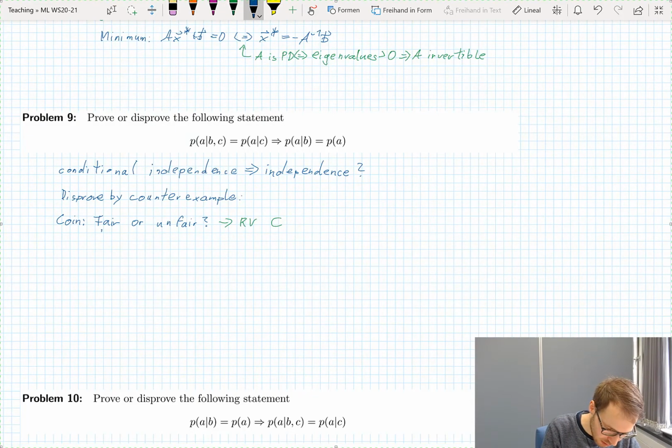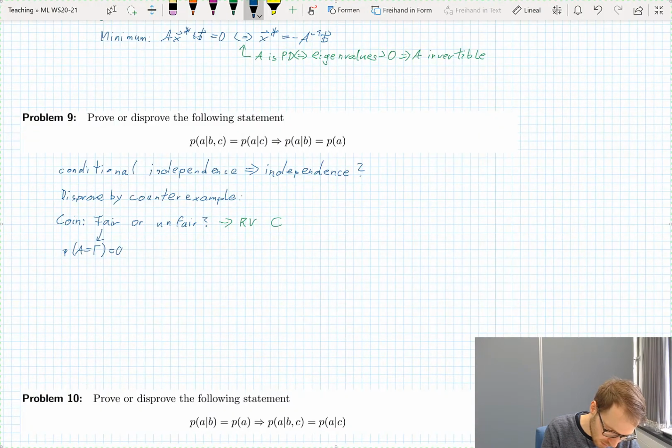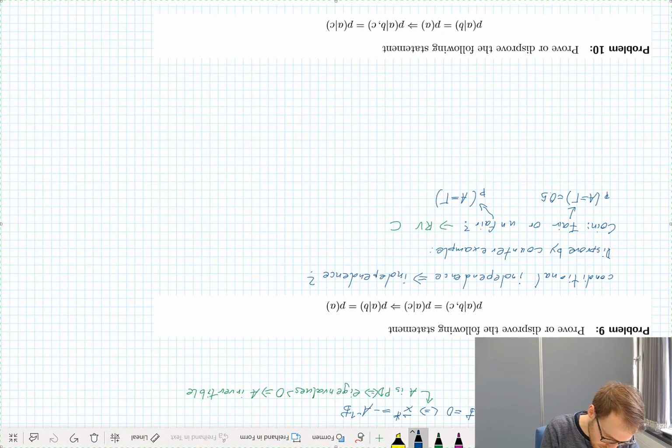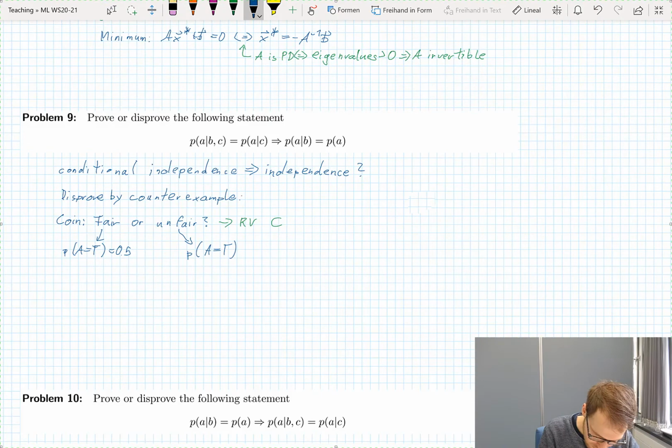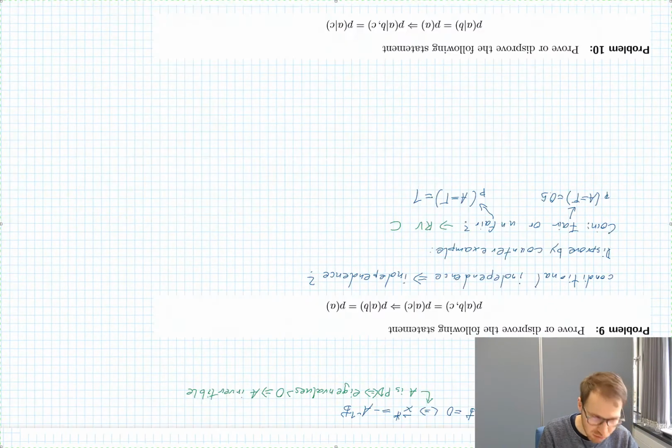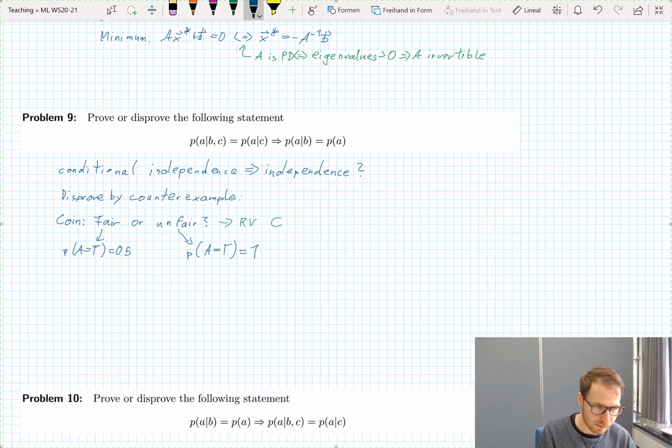Well, a fair coin basically means that the probability of a coin flip being tails equals 0.5. And an unfair coin means that the probability of a coin flip equals tails is, let's go to the extreme, let's say equals 1.